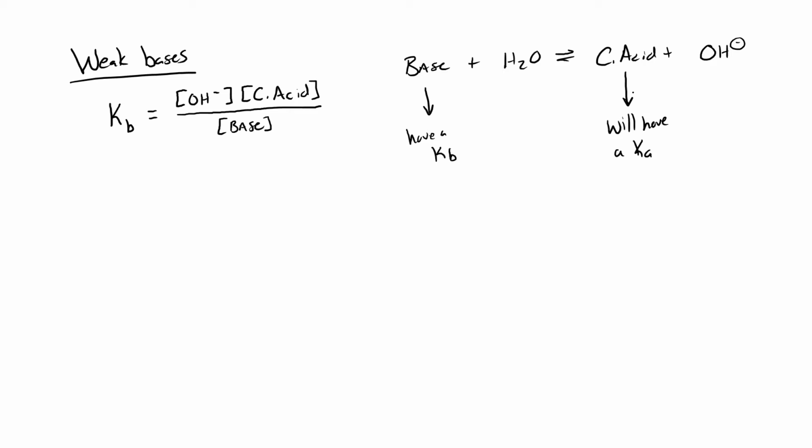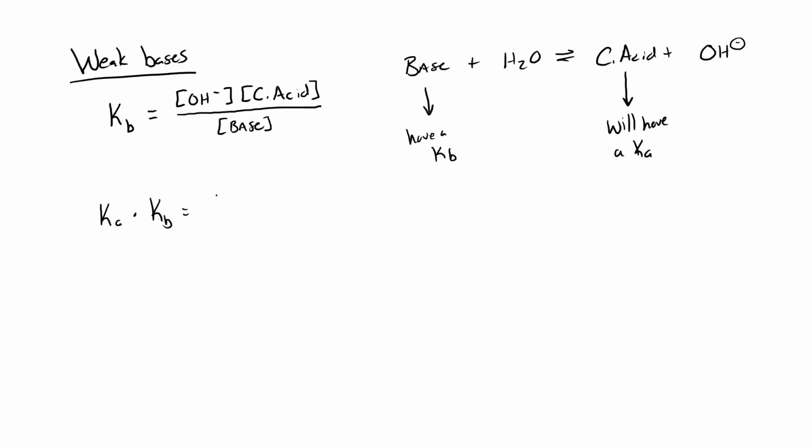We can define the Ka of the conjugate acid as what happens if we react the conjugate acid with water. If we put water on this side, we're going to have H+ and this conjugate base over on this side. And so basically, what happens when you have these two things in the same solution is what happens when we take Ka times Kb.